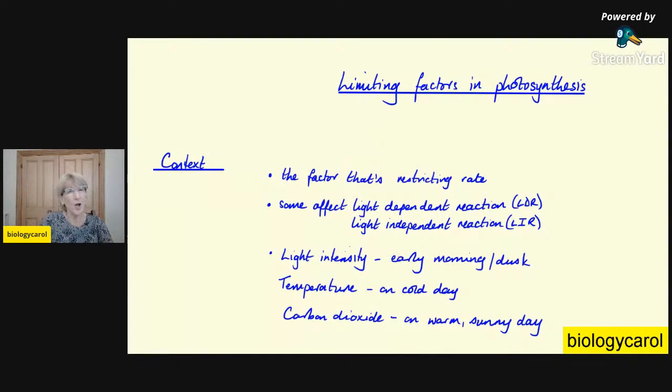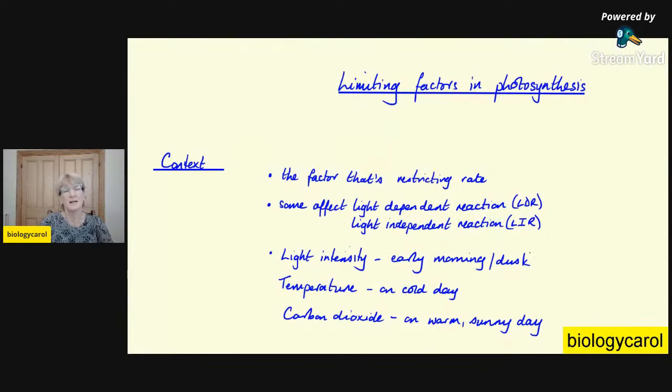And just to put this whole lot into context and make it a little bit relevant to everyday life, the light intensity, either in the early morning or at dusk, may be the thing that is limiting photosynthesis during the daytime, particularly at dusk.